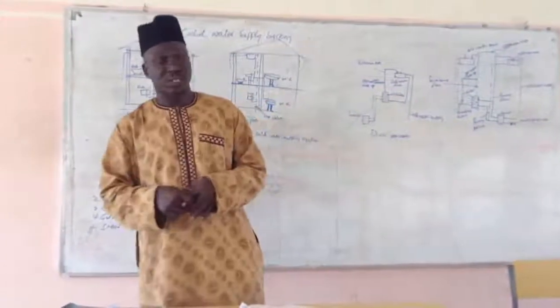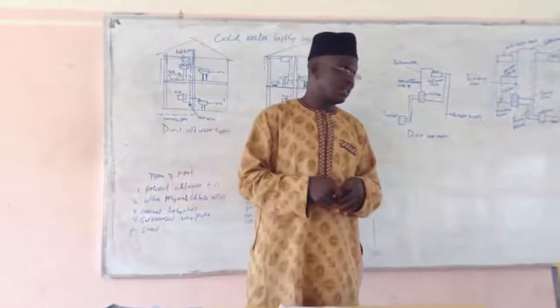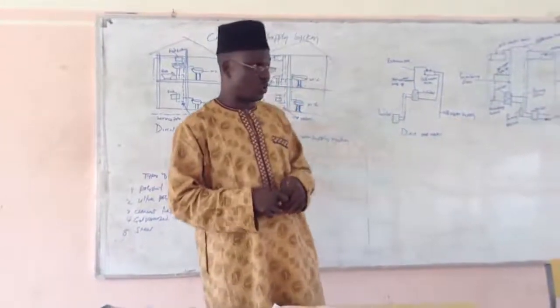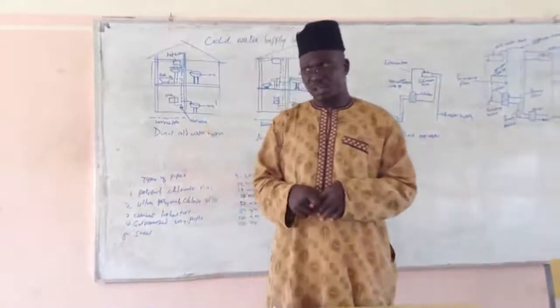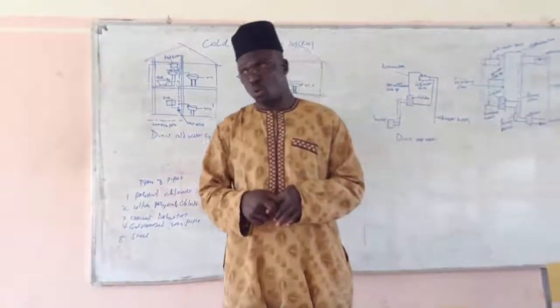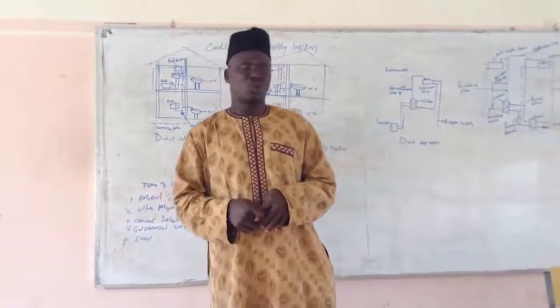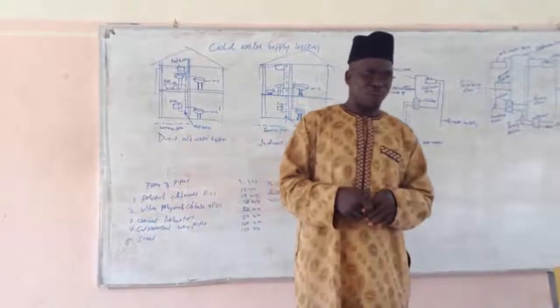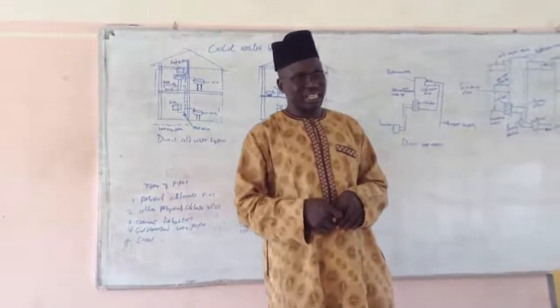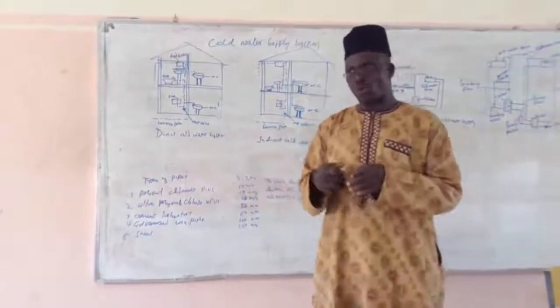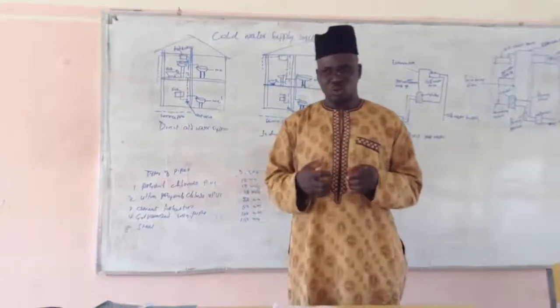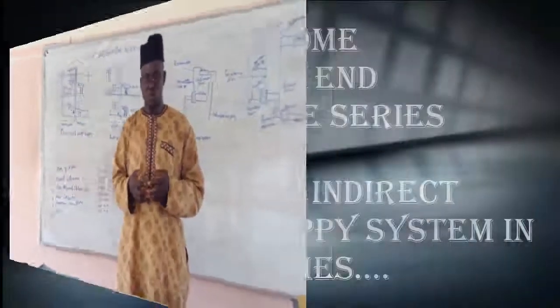At the end of this lecture, it will guide you anywhere you find yourself, in school, at home, on the side, to be able to guide those who are not professionals in the field in selecting the best method of connecting water to their homes.